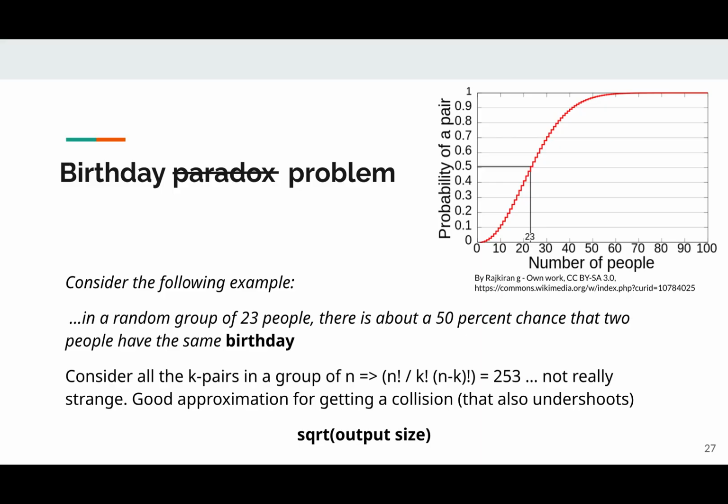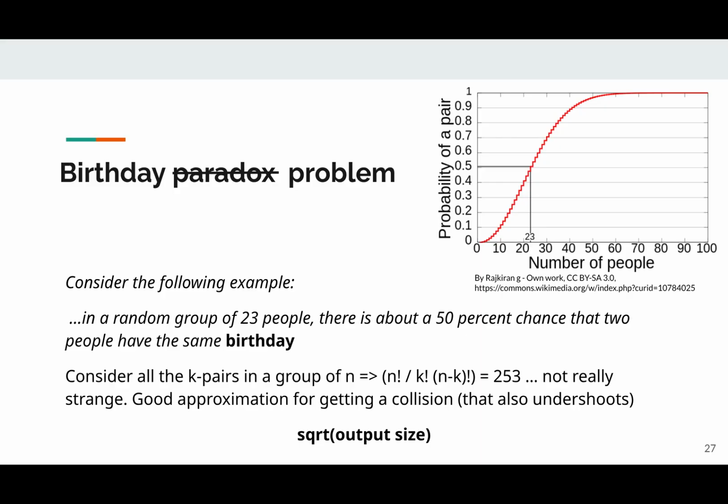Now, another approximation you can use here is if you take the square root of 253, it's going to give you around 15 something, I think. And so you can also take the square root of the output size to find the number of these types of collisions that you might have.